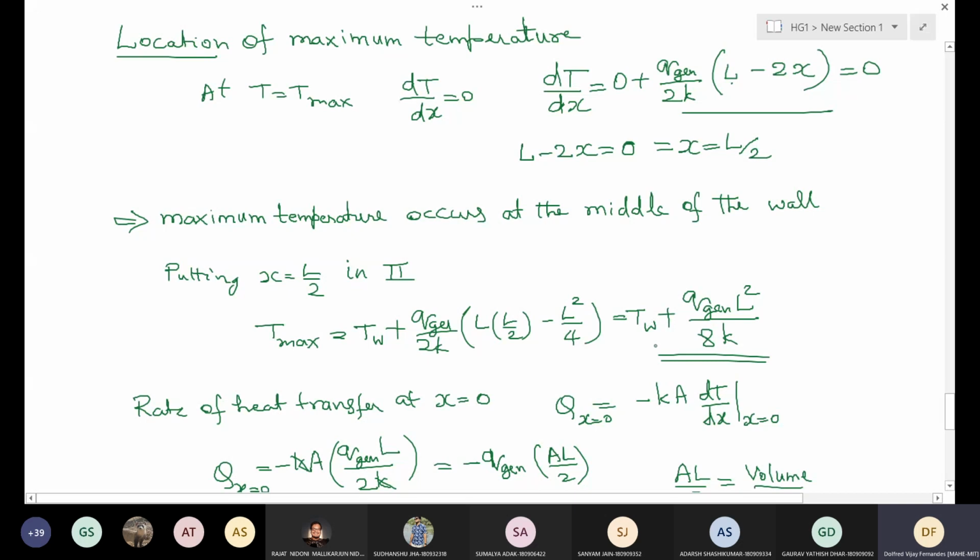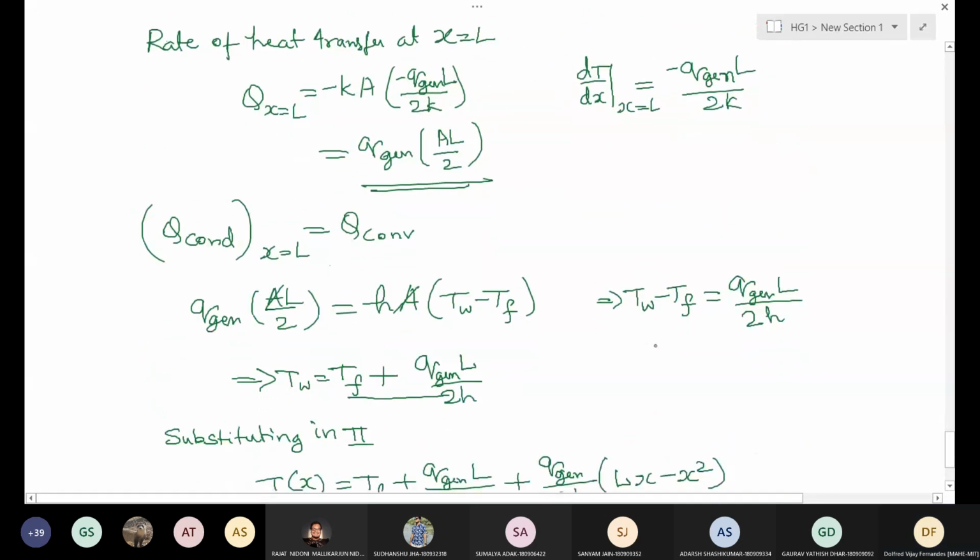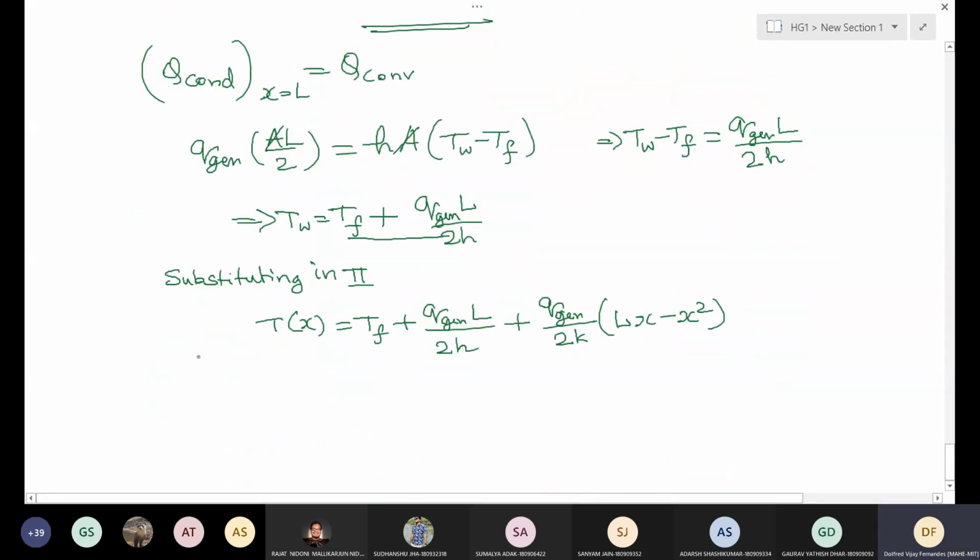So same thing I can write for the maximum temperature. Okay, T wall I have to replace with TF. Tell me, T max equal to TF plus Q generation divided by L into 2H, plus, what is this one?